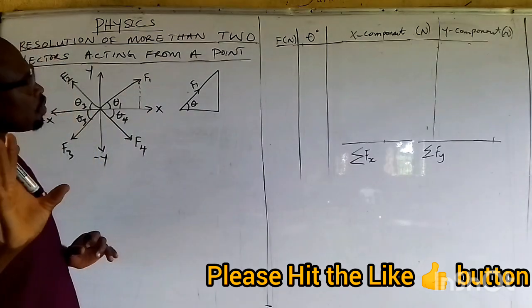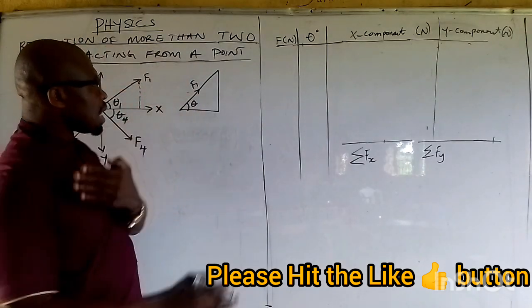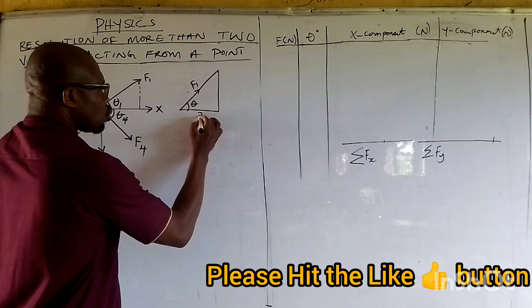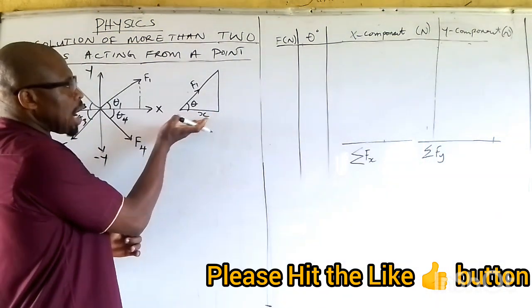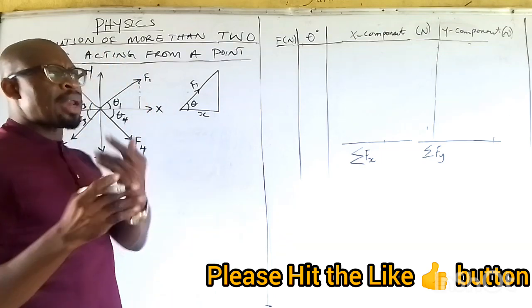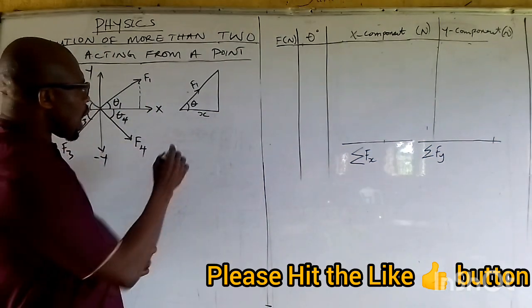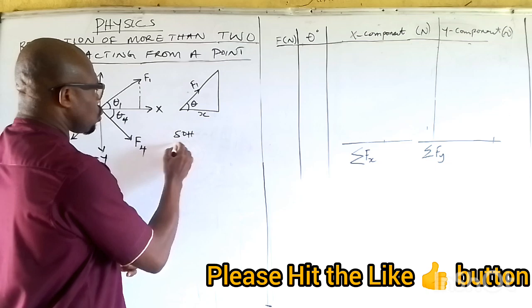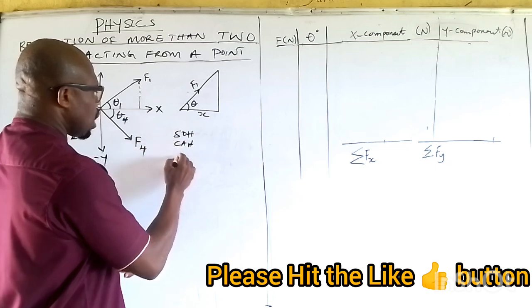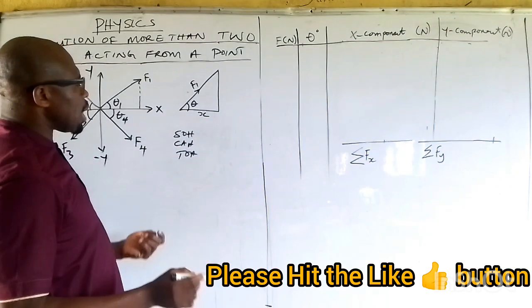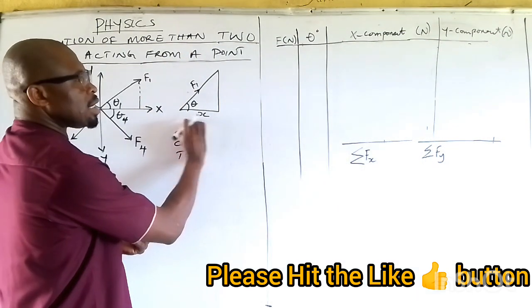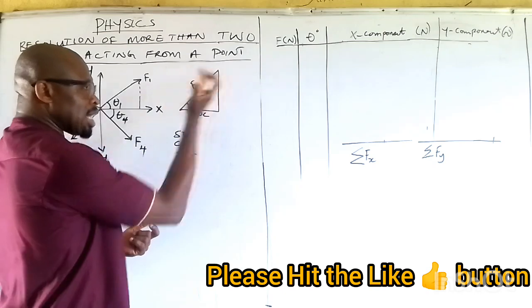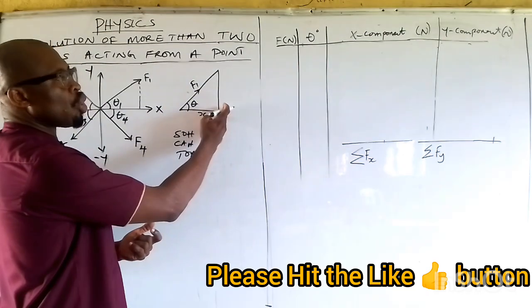So if we are resolving along the x-axis, meaning we are resolving along this, it will take us this side and this side. Looking at the trigonometric ratios we have, SOHCAHTOA, this side is the hypotenuse and this side is the adjacent. Remember, any side facing the angle is your opposite.